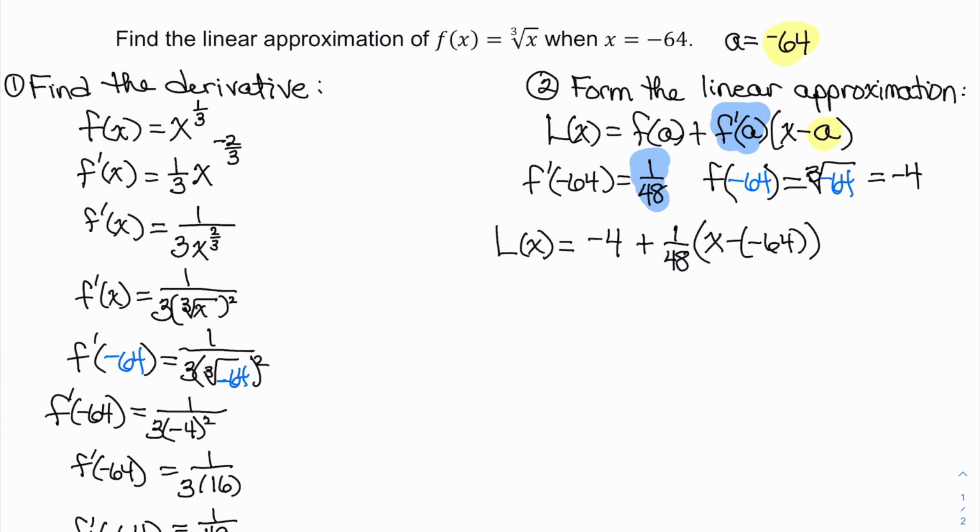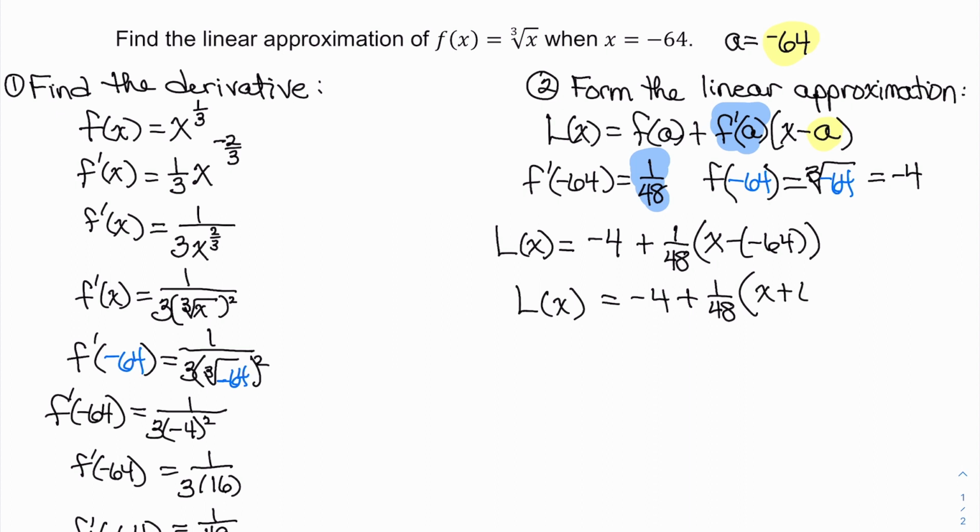So there is just a little bit more that we want to simplify, but we don't want to simplify too much. So we will go ahead and take care of that double negative. L of x is equal to negative 4 plus 1 over 48 times x minus a negative 64, which is x plus 64.